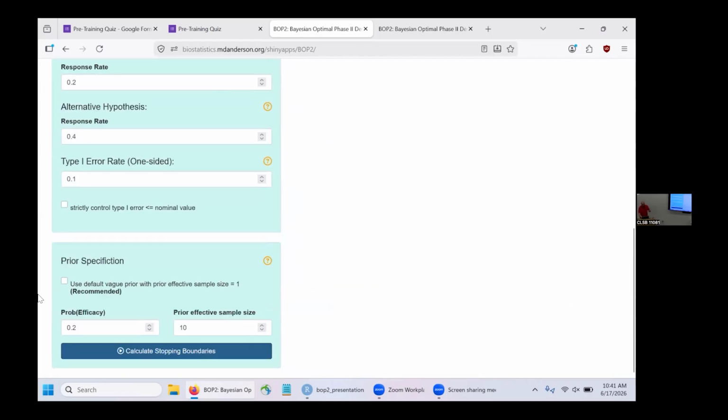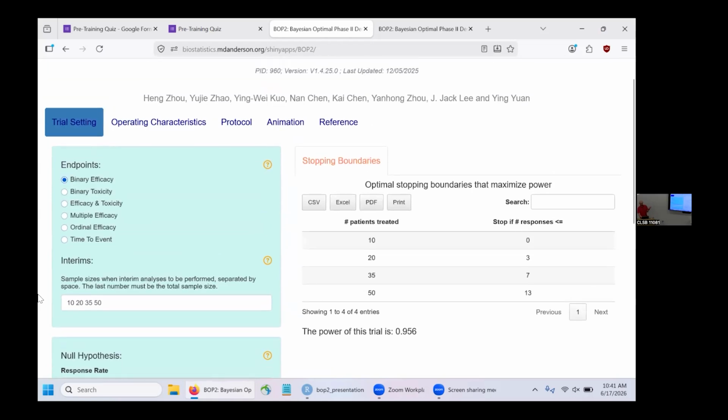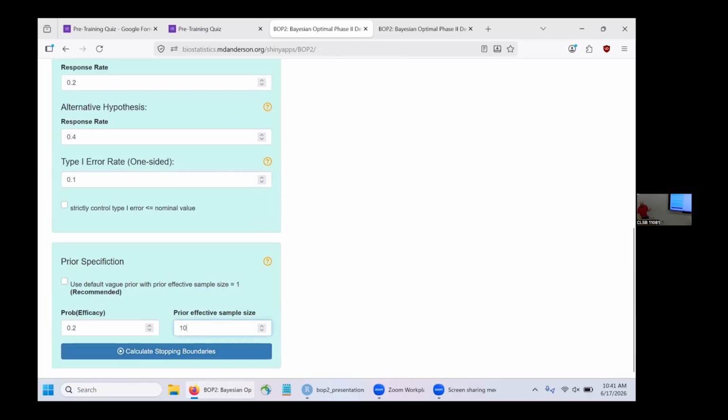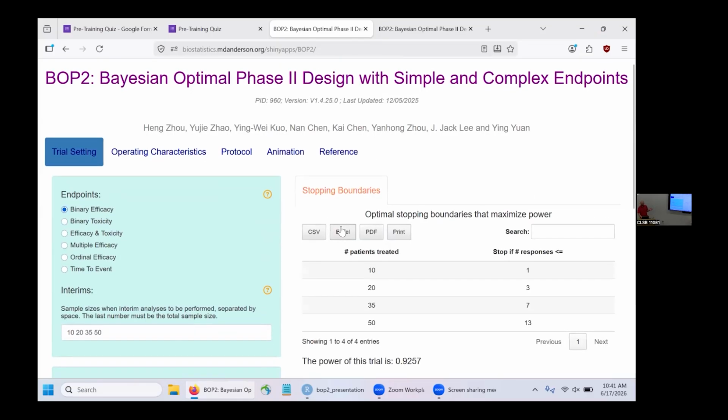So as you were speaking, I did change the prior effective sample size and recalculate the stopping boundaries: 0, 3, 7, 13. We changed this back to 1. Oh, they changed, okay. The first one changed slightly: 1, 3, 7, 13.